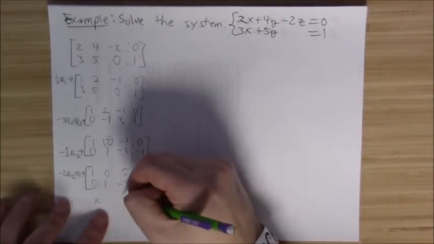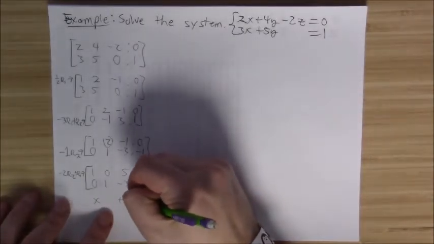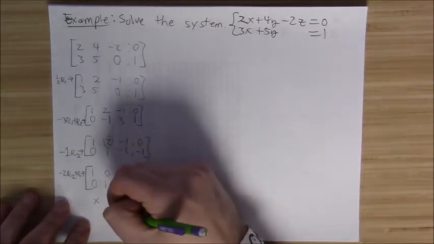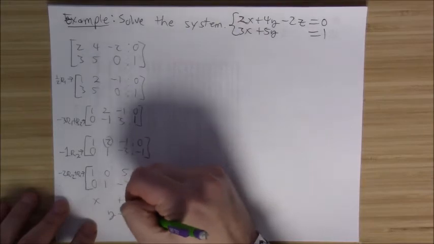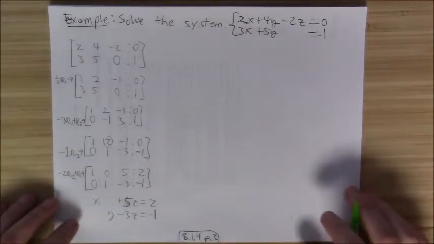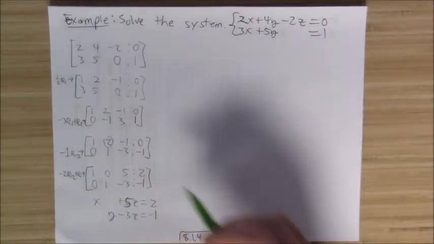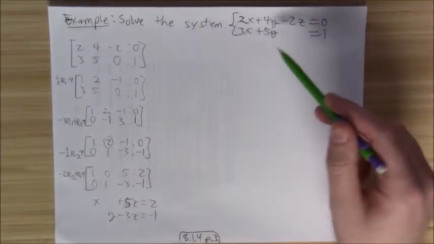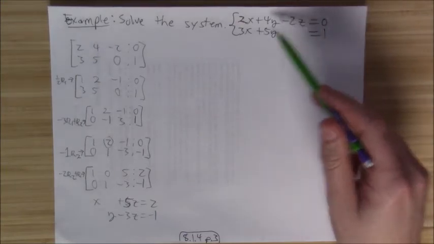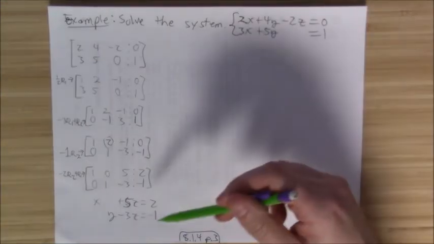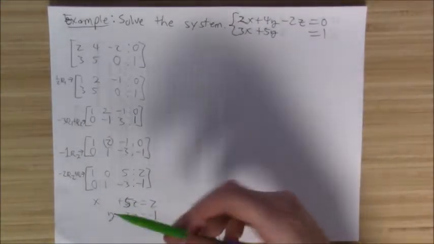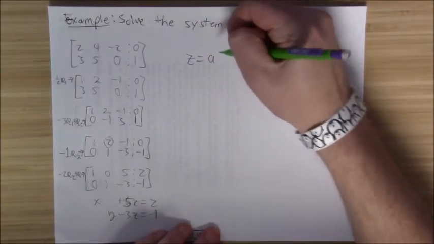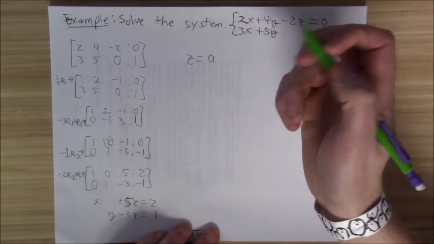This is x plus 5z equals 2, and y minus 3z equals -1. Not surprisingly, because we had more variables than equations starting off, namely 3 variables but 2 equations, we kind of expected this. So we have an infinite number of solutions. We'll go ahead and let z equal some constant real number a.